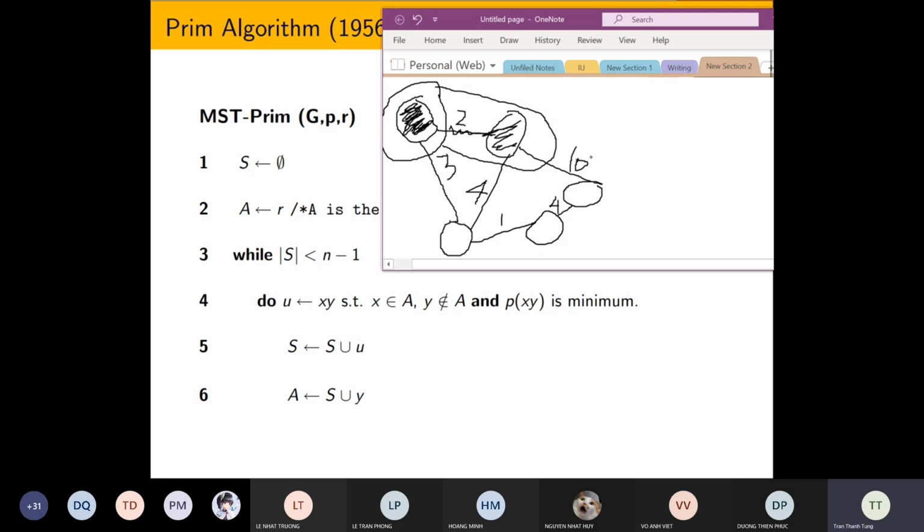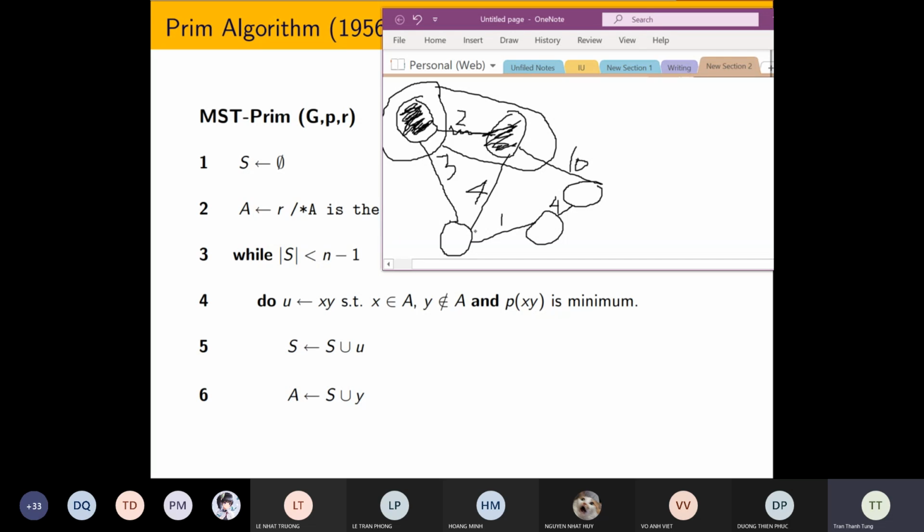Now you see we have this. We start from one node and reach the second one. Now what we do is repeat this step, for all the edges that have x in A, the marked set, and y is not in A. It means we are considering the edges going out of the marked set.